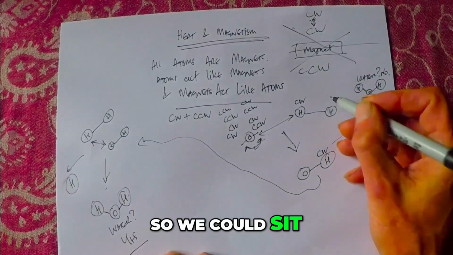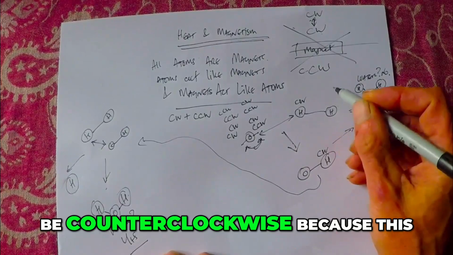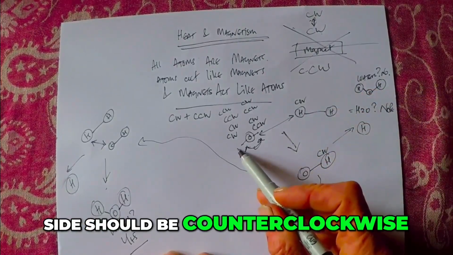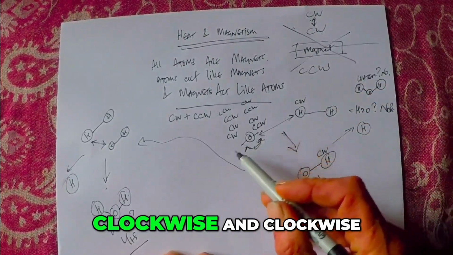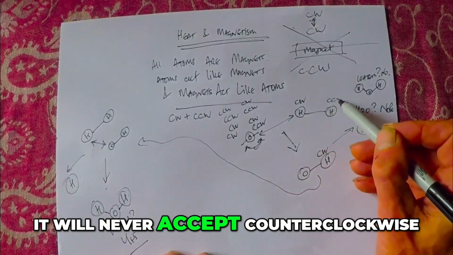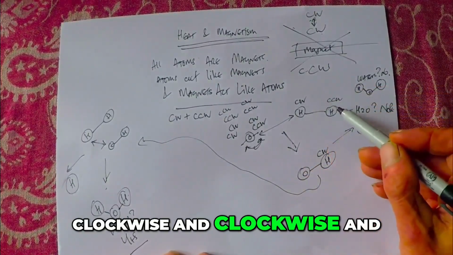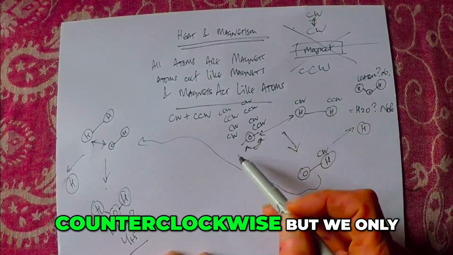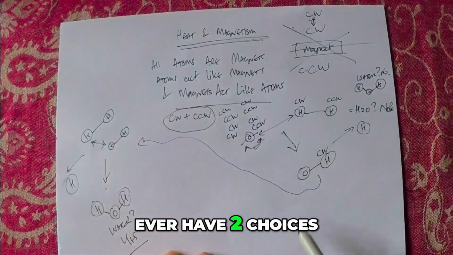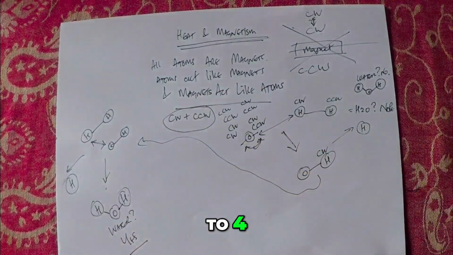So we could sit here, because this can't be counterclockwise, because this side should be counterclockwise. But if this is clockwise and clockwise, it will never accept counterclockwise. Now this could be clockwise and clockwise, and this is clockwise and counterclockwise, but we only ever have two choices, which may add up to 4.